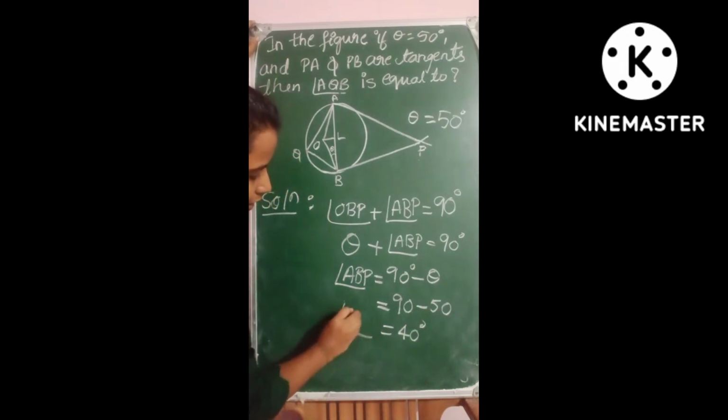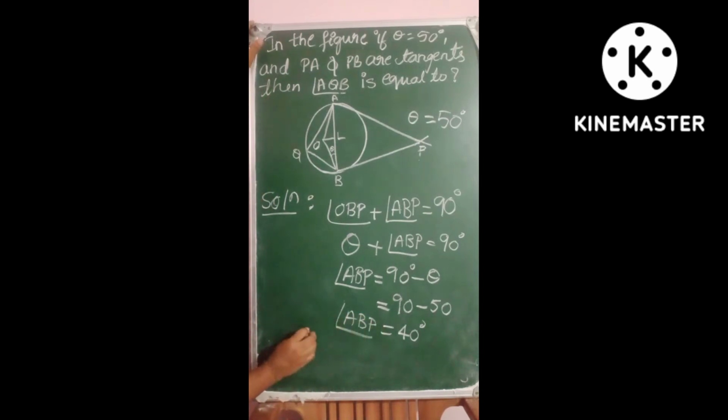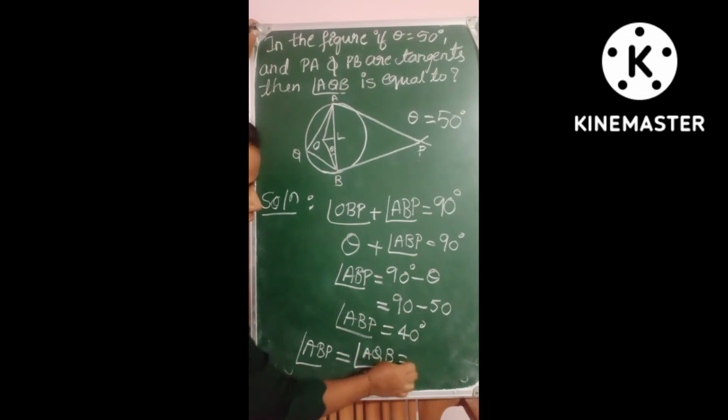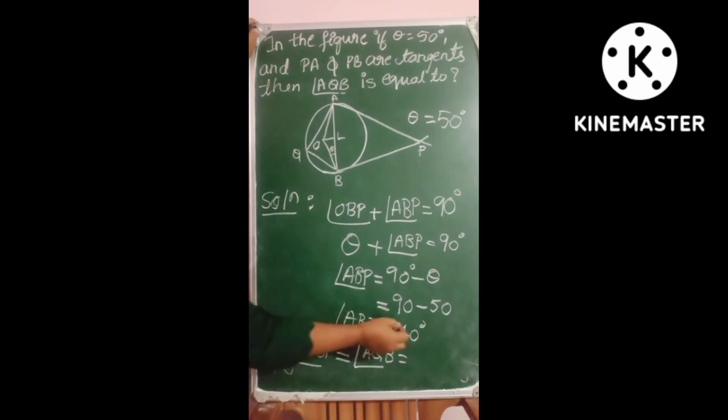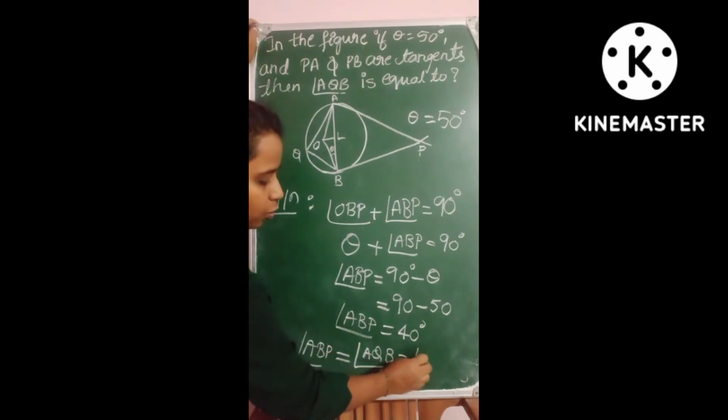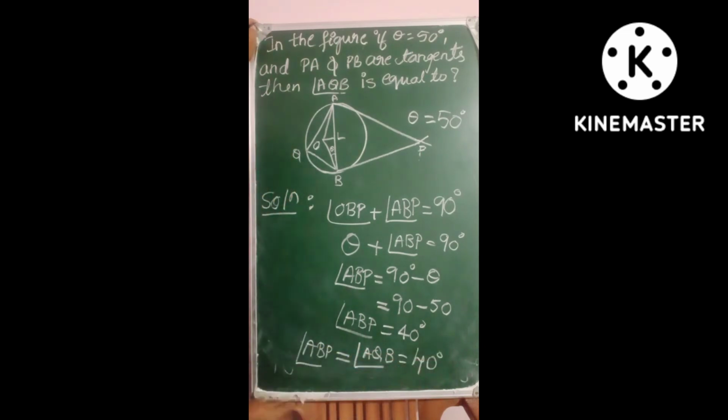That is angle ABP. But this angle ABP is equal to angle AQB. Since angle ABP is equal to 40 degrees, obviously angle AQB will also be equal to 40 degrees.